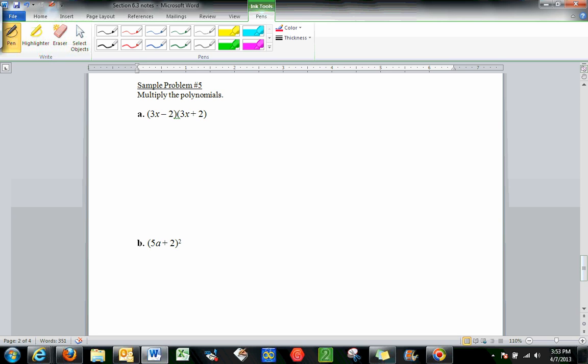So what I would like you to do is go ahead and pause the video for each of these before I work them, and try to work them according to the pattern that you see back on the previous page. And then of course, if you don't like that method, you can always work it using the distributive property. But I'll go ahead and do both parts. Go ahead and pause the video at this point and work on seeing if the pattern would work for you.